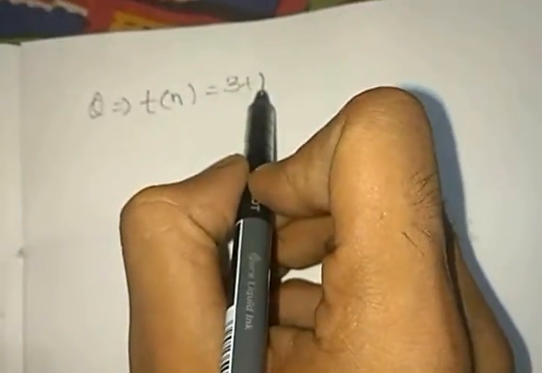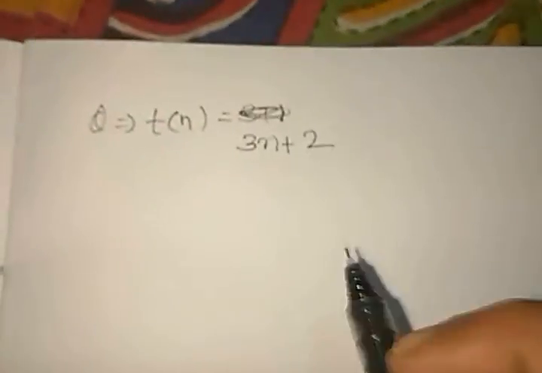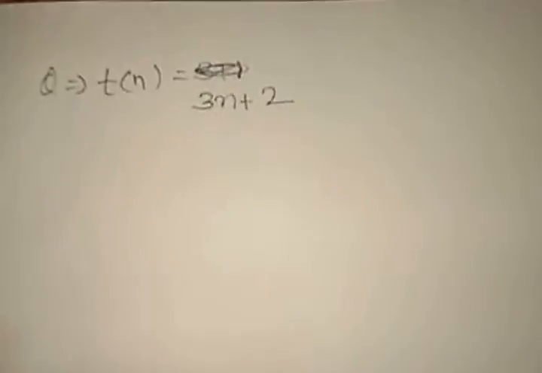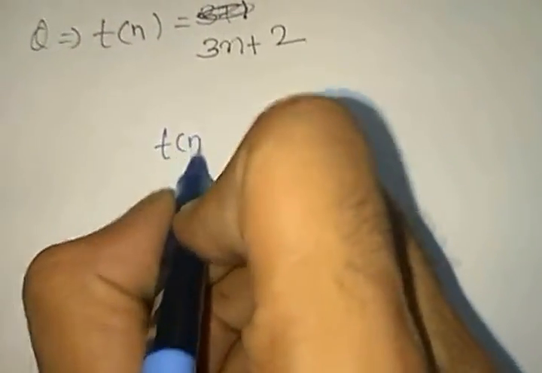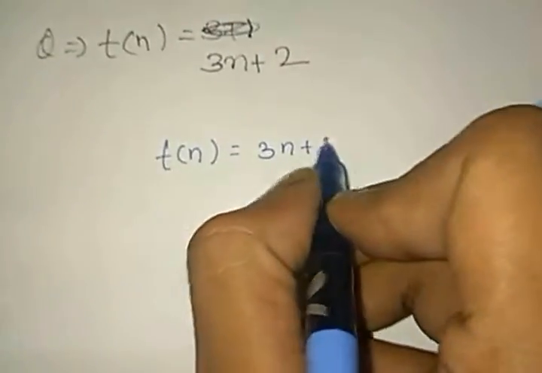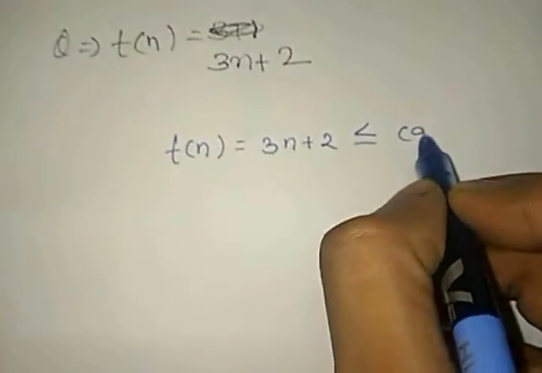Let us consider an example. Let T(n) be given as 3n plus 2, and we have to find the upper bound of T(n). Let's say it is less than or equal to c·g(n).